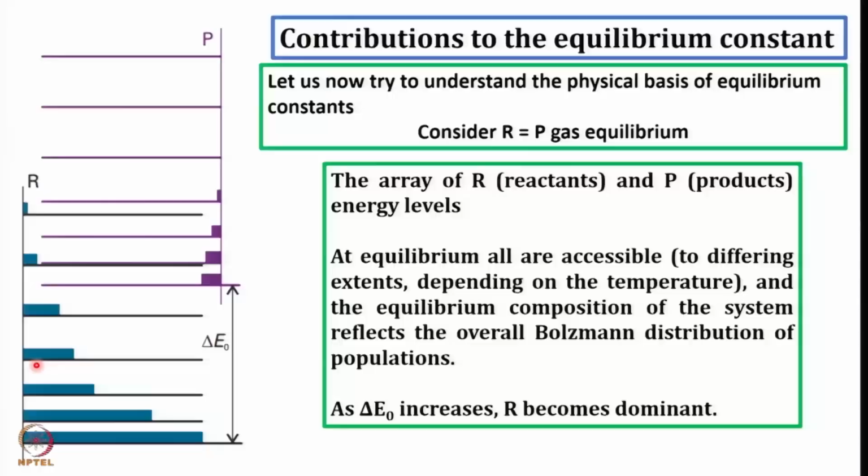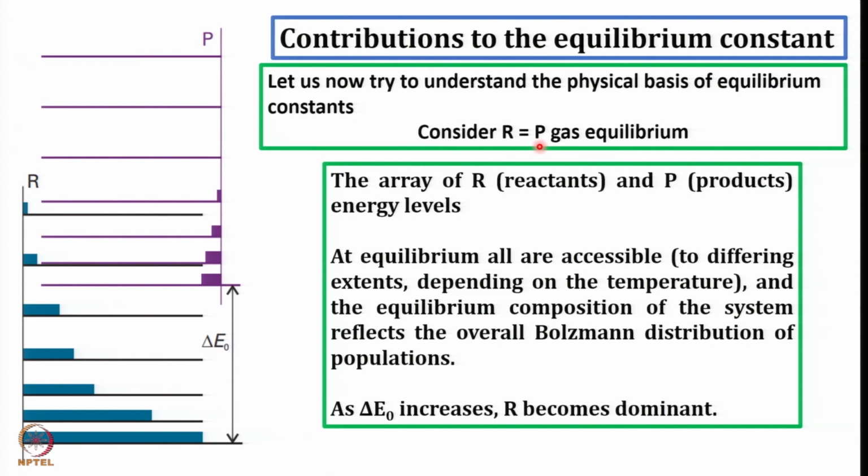So therefore, in today's discussion, we are going to talk about contributions to equilibrium constant. In order to elaborate upon that, let us consider a gas phase reaction, R in equilibrium with P. R stands for reactants, P stands for products.